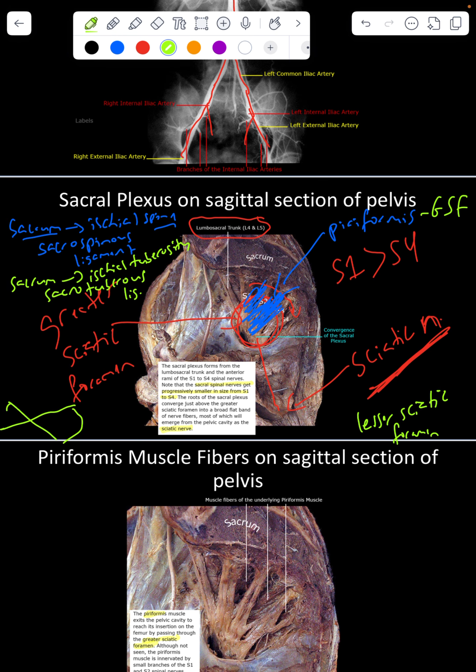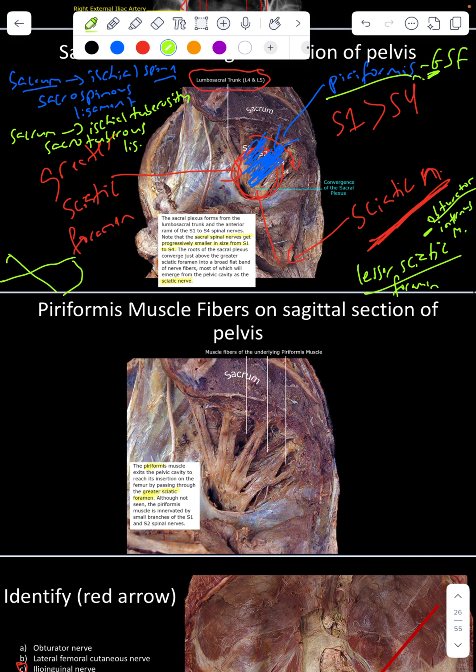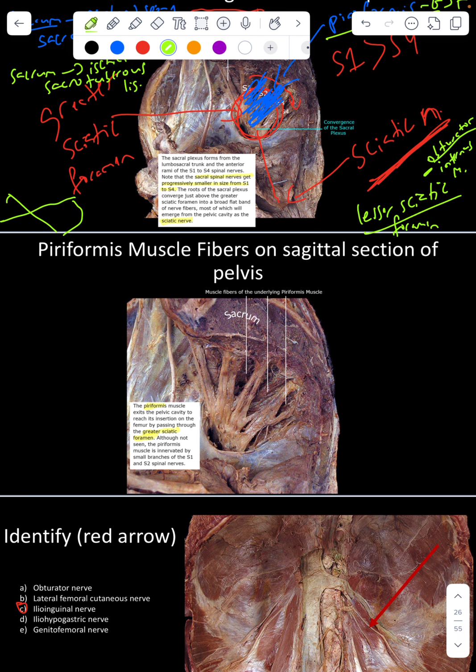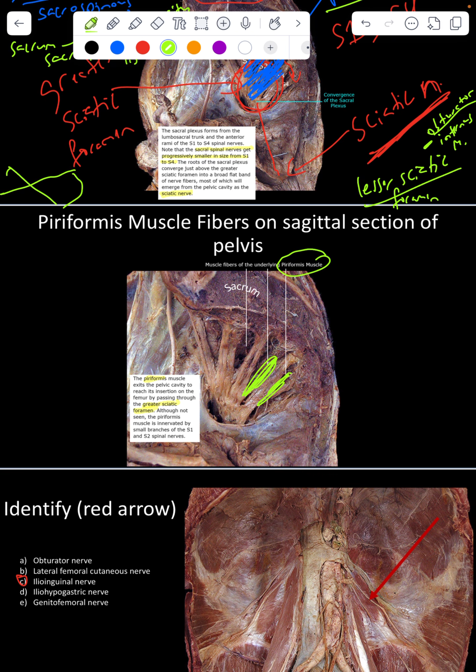The muscle that goes through the lesser sciatic foramen is called the obturator internus. Put M for muscles, piriformis muscle. So the way you remember this is you tell someone great performance. So the other one would just go through the lesser. So obturator goes through the lesser. Then this just says exactly that. So this muscle under right here, if you remove these nerves, would be the piriformis muscle going through the greater sciatic foramen.